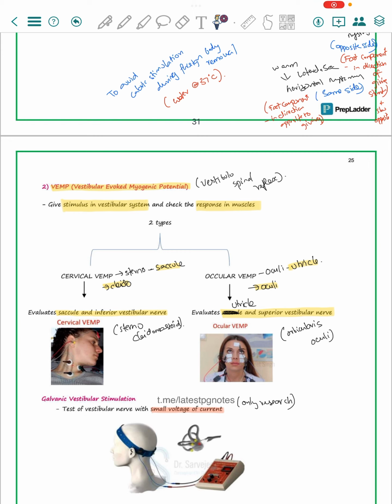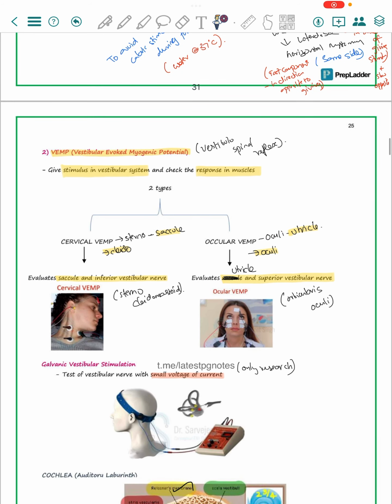Then the second test is the vestibular evoked myogenic potential. That is, we give a stimulus and record the response potential. There are two types: cervical VEMP and ocular VEMP. Cervical VEMP is recorded from the sternocleidomastoid. It evaluates the saccule and inferior vestibular nerve functioning.